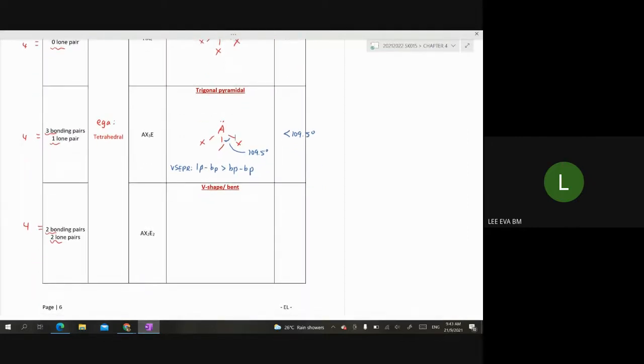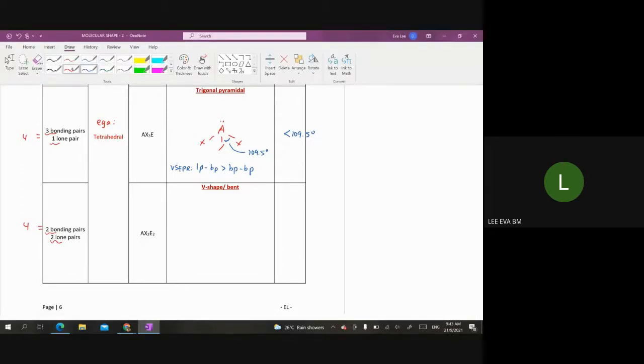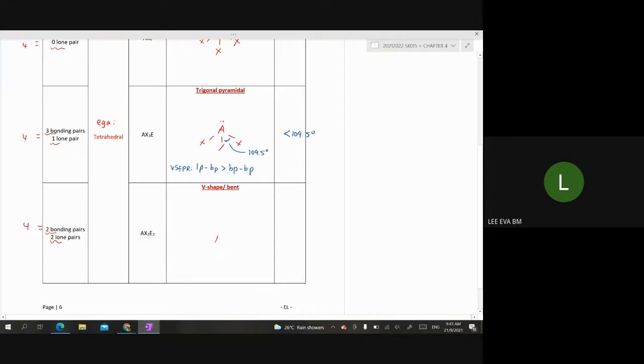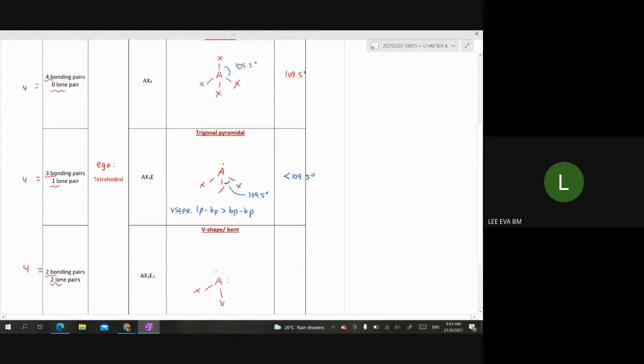Okay, and the last one in category 4 here, we have 2 bonding pair with 2 lone pair. So sama jugalah kita buat A and then X ada 2. So now I have 2 lone pair. Okay, it's actually based on your electron group arrangement and then we remove. Okay, untuk EGA kita memang ada 4 surrounding. Tapi sekarang ni kita replacekan dua benda ni dengan kita punya lone pair.